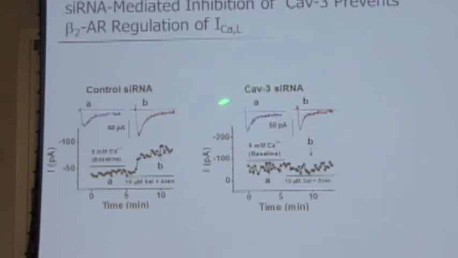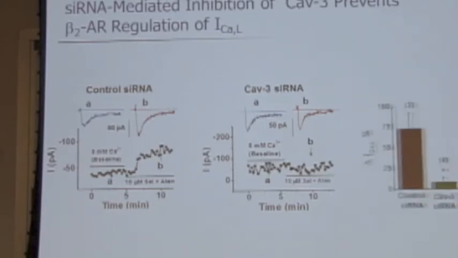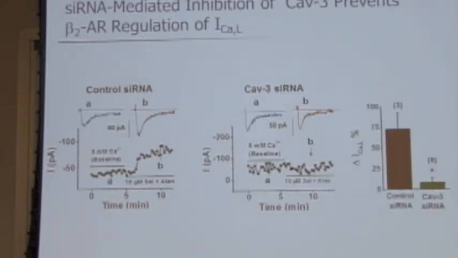But if we add an siRNA to caveolin 3, we block that, we don't see that increase in response to beta-2 adrenergic stimulation, suggesting that beta-2 receptors and the L-type calcium channels may be regulated together in caveoli in cardiomyocytes. And the average data confirms that representative series of experiments.